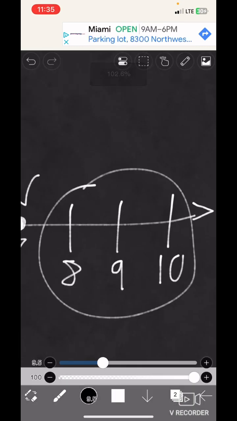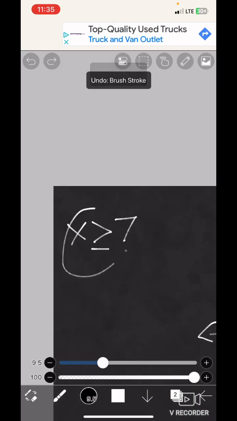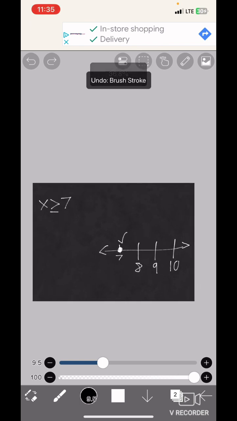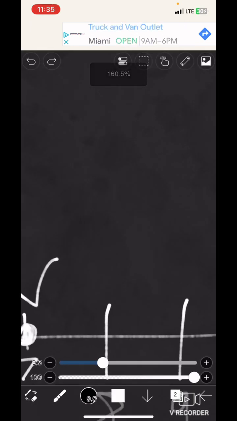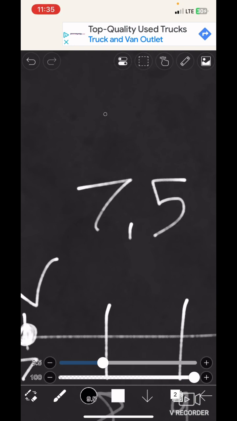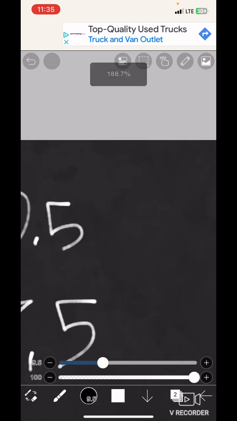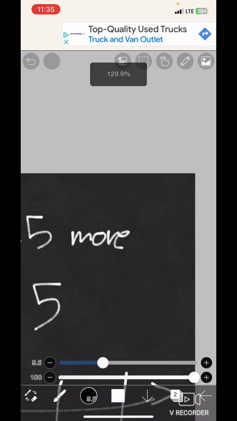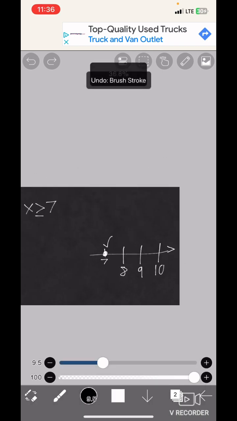So any number greater than 7 or equal to 7 is a solution to this inequality. Like, for example, 7.5 is a solution because it is 5/10 more than 7. Therefore, it's a solution.